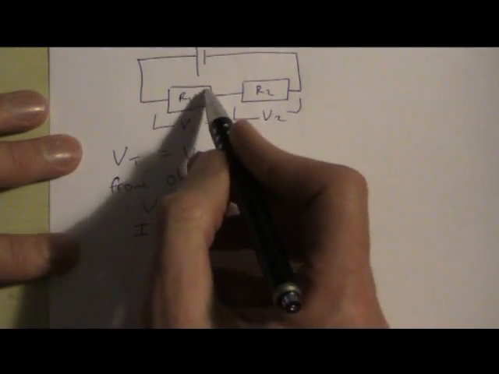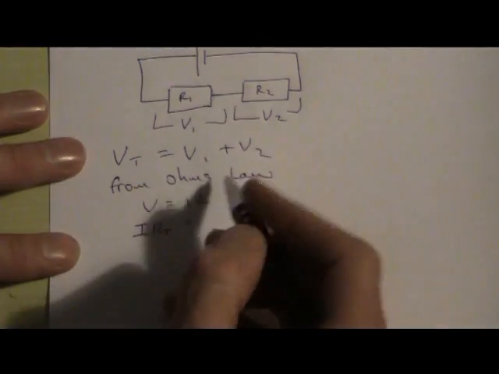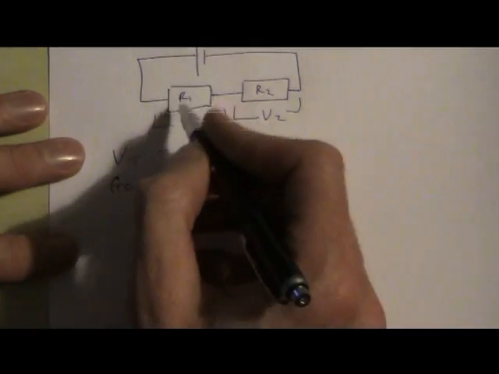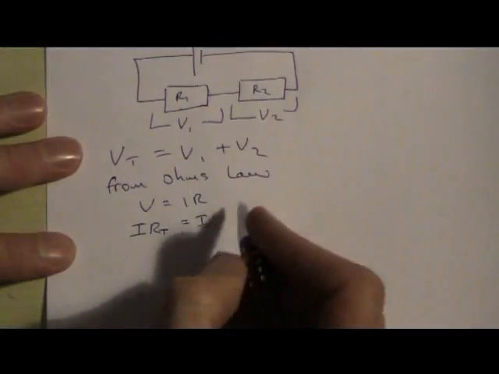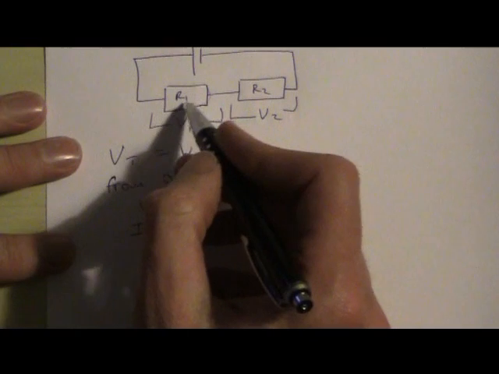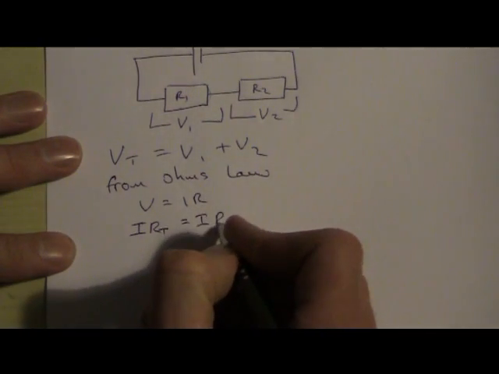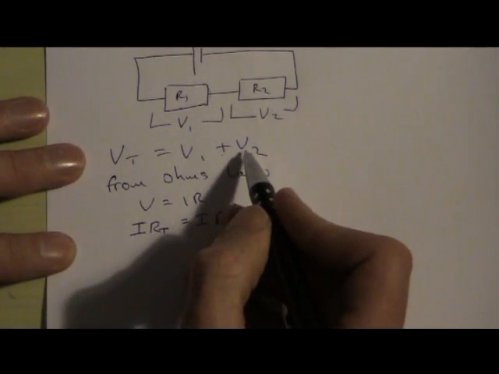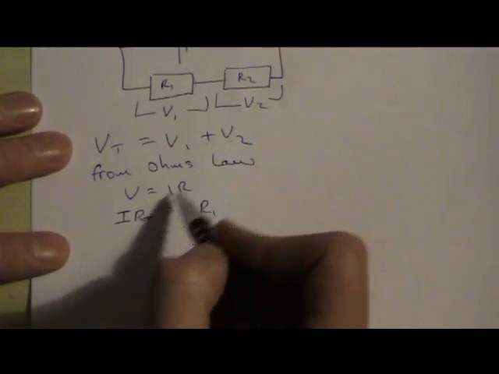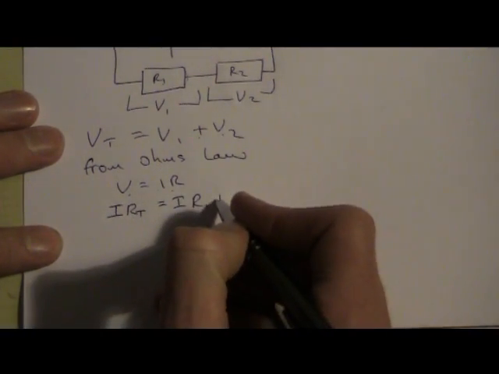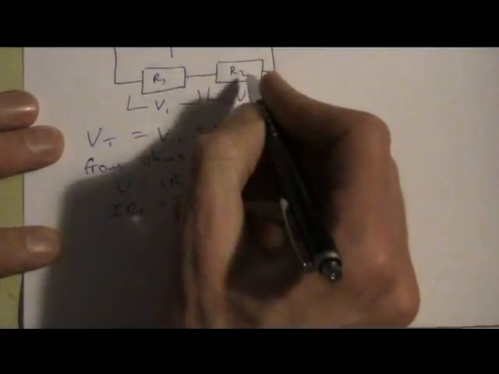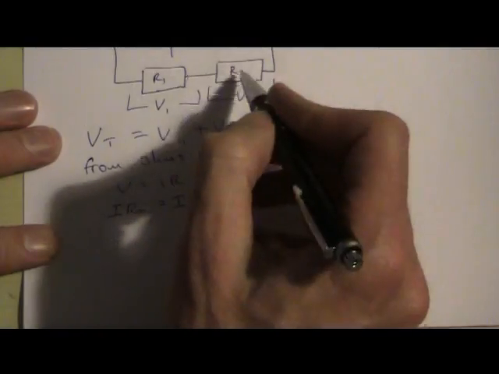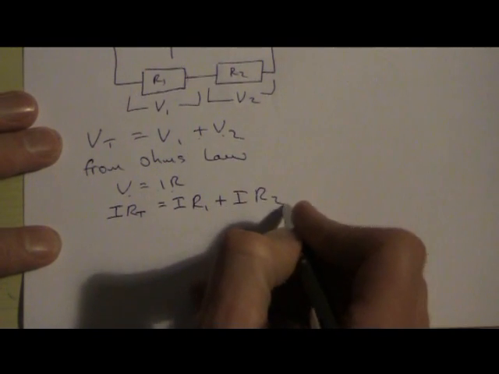V1 then, just looking at this fella here, V equals IR, so V1 is going to be I, and I is the same for him and him and him, so it's I times R1 plus, instead of V2, we can write V equals IR. So instead of V2 we're going to write IR. I is the same for this fella as it is for him, times R, and in this case it's R2.